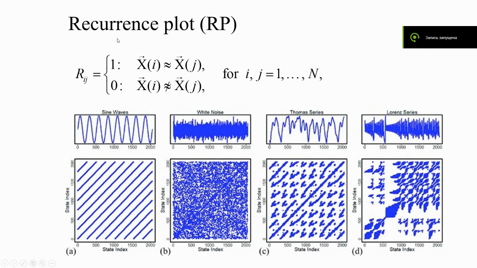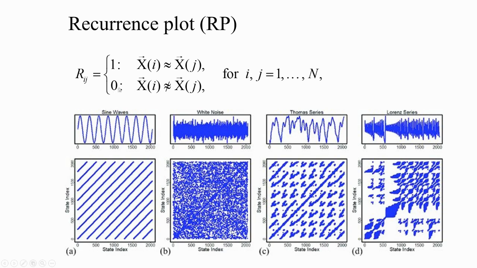So the idea of the recurrence plot is that we consider, for example, two trajectories, x of i and x of j, and their evolution. And if during their evolution these trajectories stay sufficiently close to each other, if they do not exceed some radius r, then they are considered to be recurrent, and correspondingly we put the value of 1 in our two-dimensional plot.